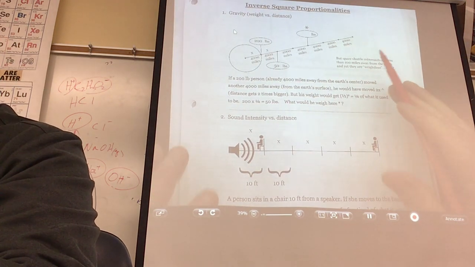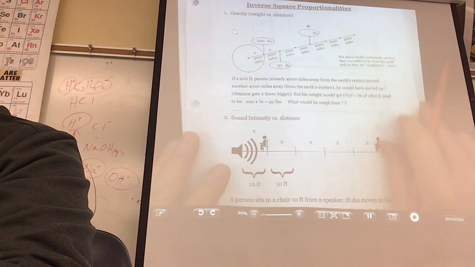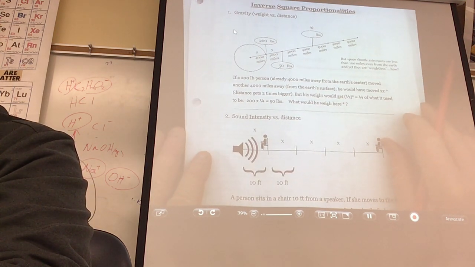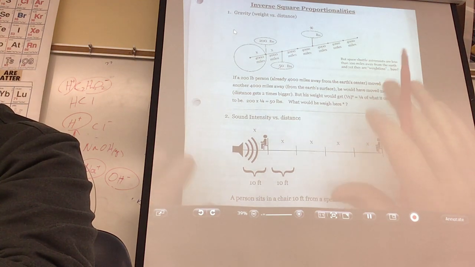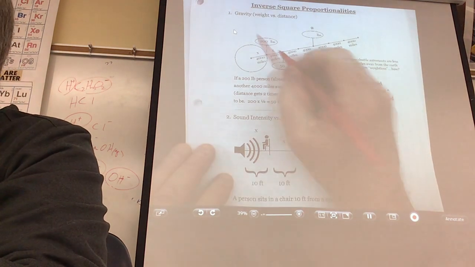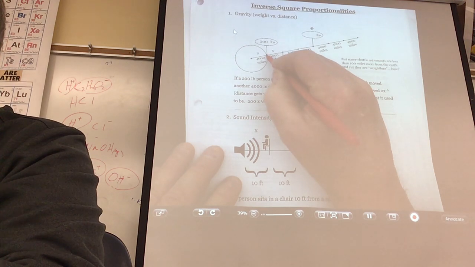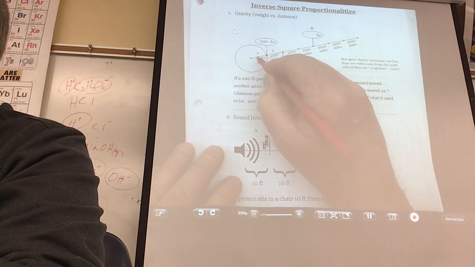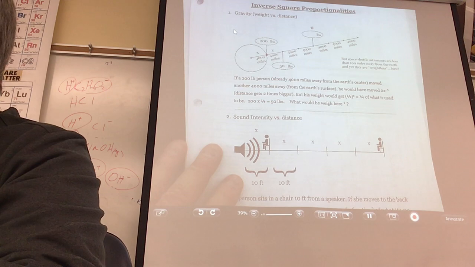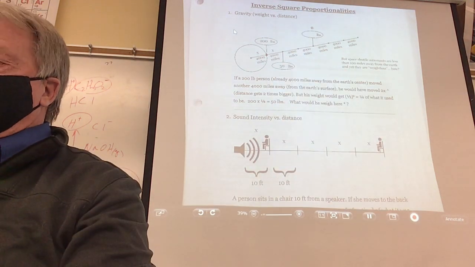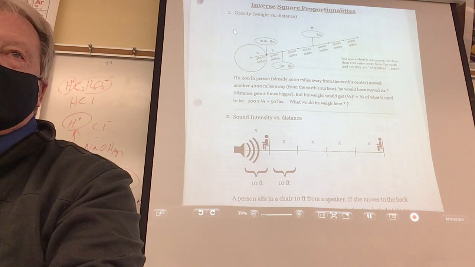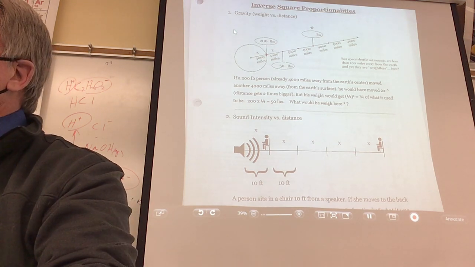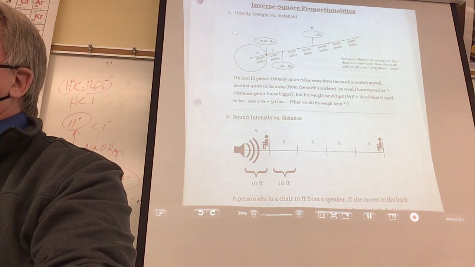Gravity is an inverse square proportionality. I'm going to tell you it's inverse square. Got it? Now, when you're standing right here on the earth, where is the center of gravity? It's not on my table. It's down there, way down there.